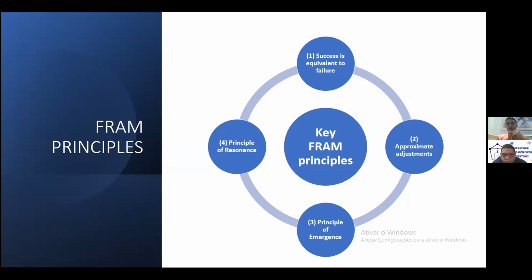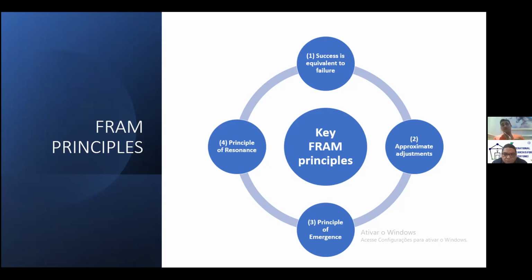The second principle is that we need to make approximate adjustments so that we do not rely on quantitative analysis too much. We need to make approximate adjustments to make it simpler and viable. For instance, if you want to quantify the variance or the resonance of the system, it's not an easy task.